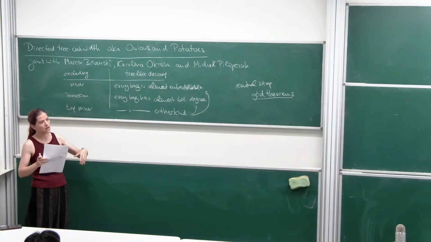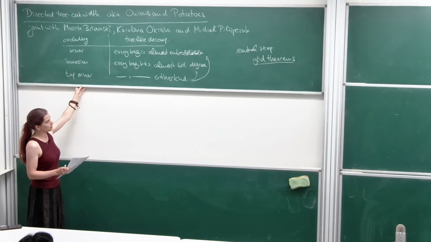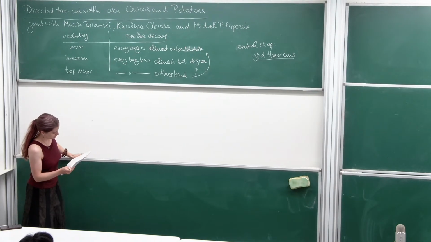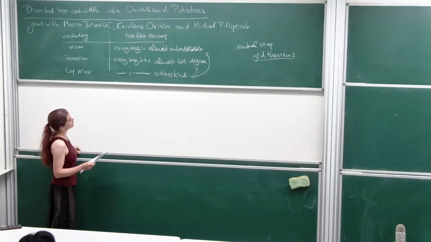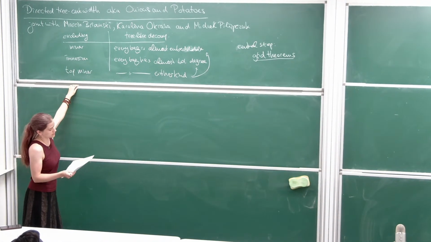So we also get a tree-like decomposition for directed graphs, excluding a certain specific structure, a graph that contains a lot of structure.